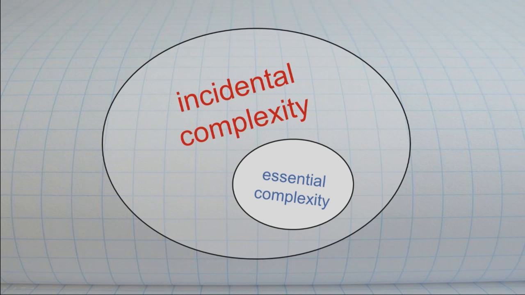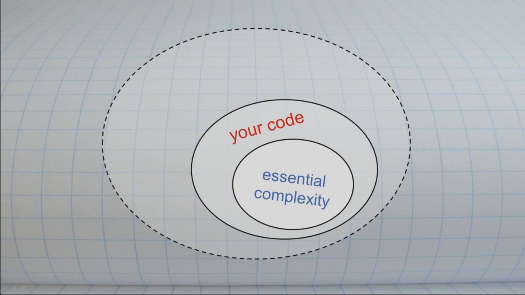So why do we do that? First, it's there in your code. Each time you create a strategy factory registry configurer, it's an artifact that doesn't contribute to solving the problem domain, but it's there because you put it there.